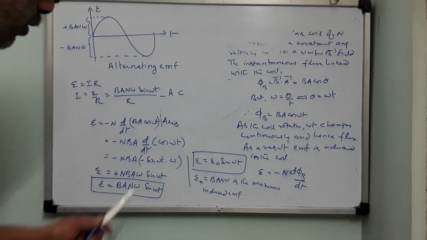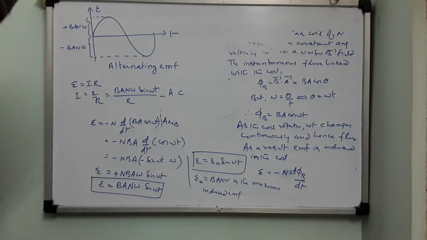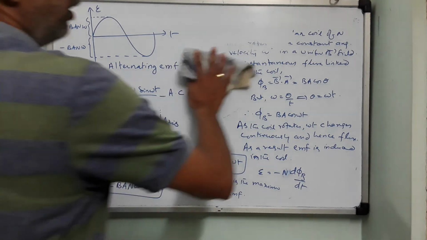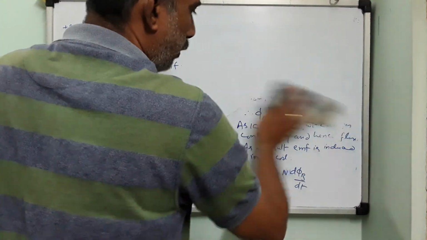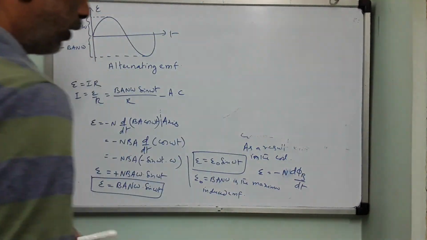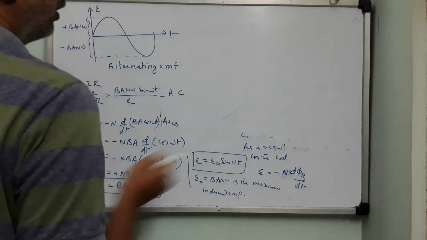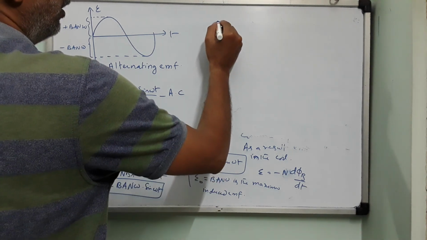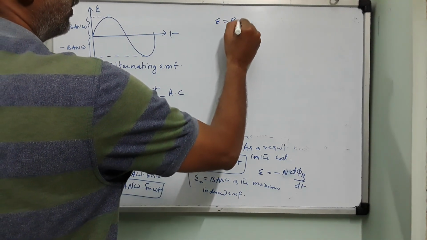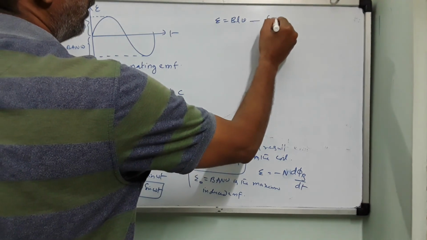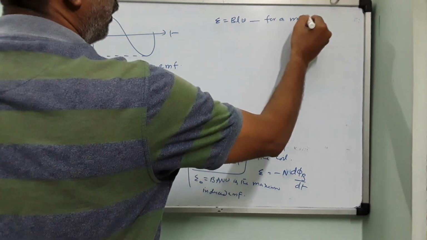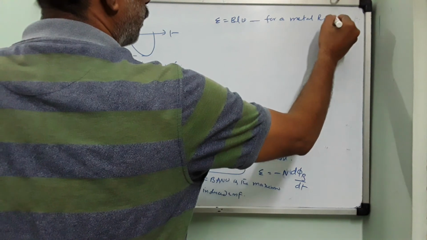Right. Now we were referring to the previous cases where the induced EMF in a rod. What was the expression for a rod? For a rod you have this expression, E equals BLV for a metal rod in a magnetic field.